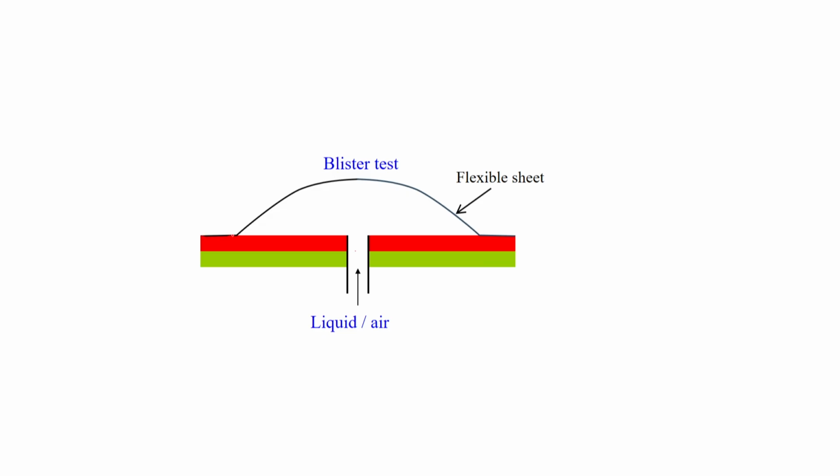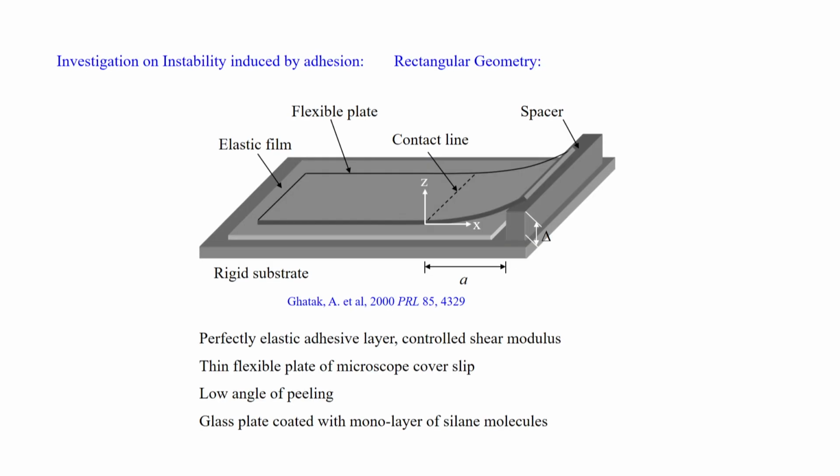Where the bonding is good it stays attached, and when you apply some liquid or air and press it, the sheet opens up from this front in a circular geometry. Depending on the practical situation, one may have to do this blister test as well. There are research articles on it that you can look at, but I am not going to discuss it in this lecture.